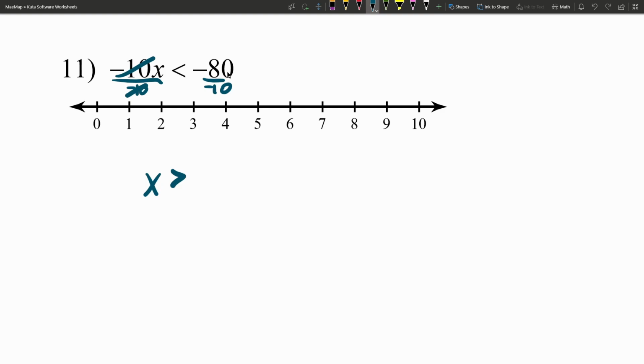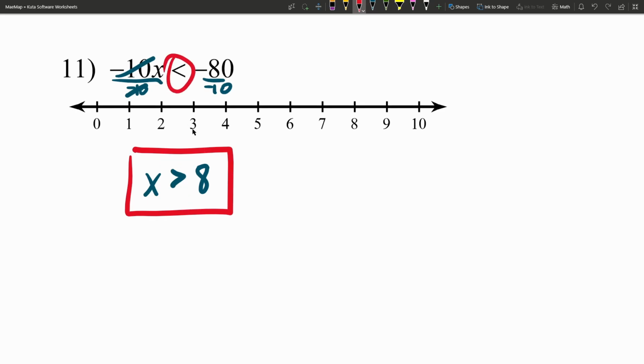And then negative 80 divided by negative 10 is a positive 8. So for number 11, we get as our solution that x is greater than 8. Again, we needed to flip that, so don't forget that step. Circling the 8 and then shading everything to the right.